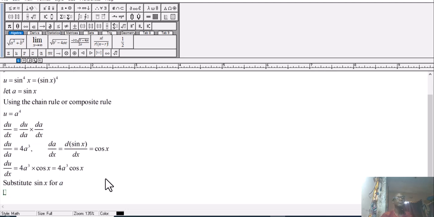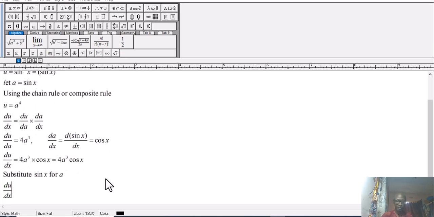So du/dx is equal to 4 sine cubed x cos x. So this is our du/dx.